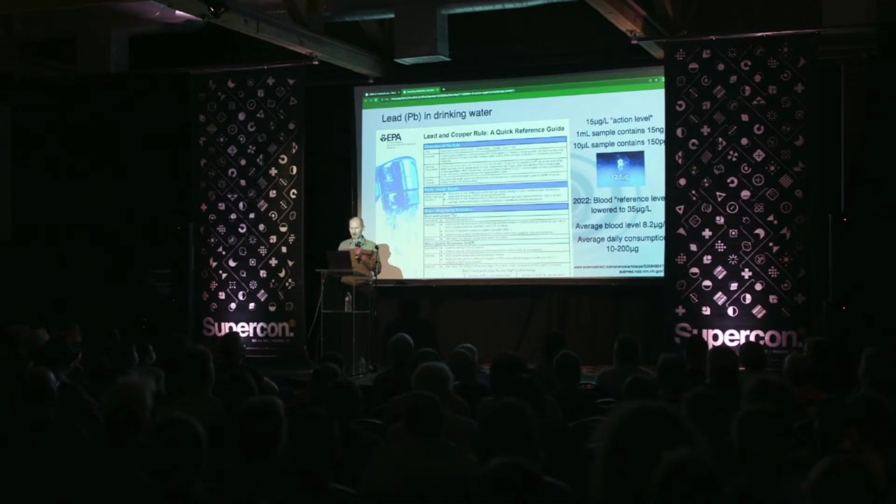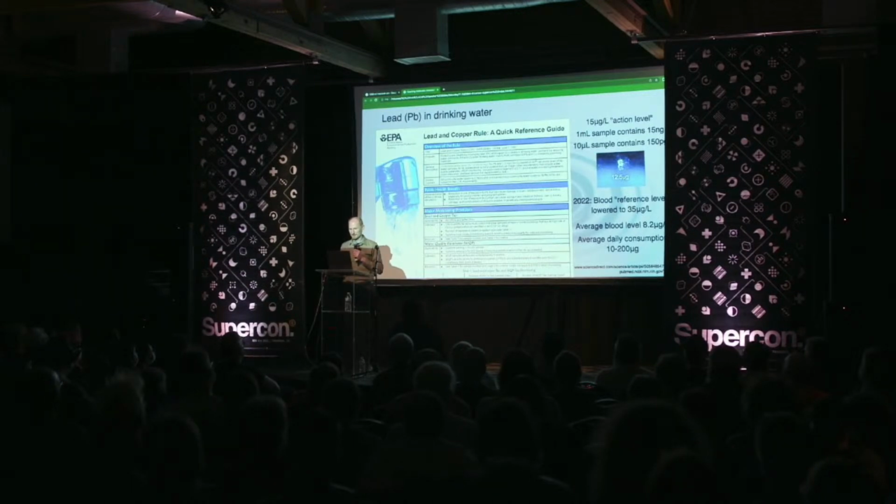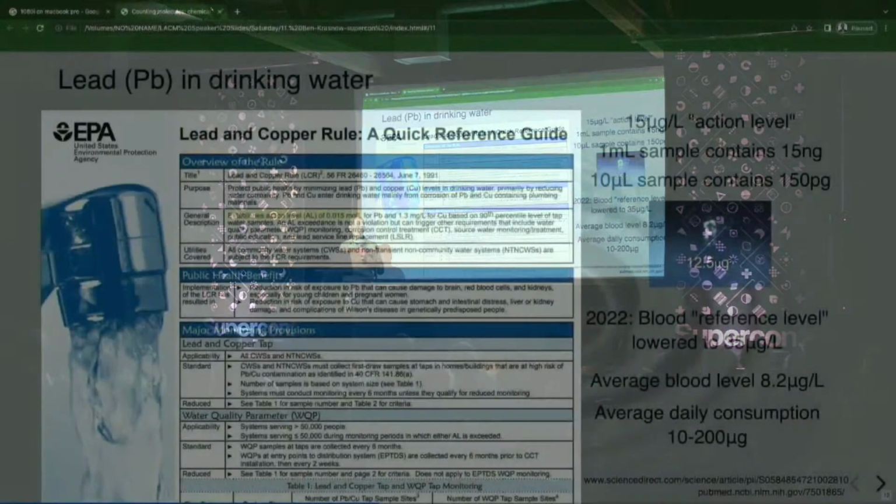Lead in drinking water. The EPA says, and they saw my presentation, so they actually say milligrams per liter instead of parts per billion there, 0.015 milligrams per liter is the action level, as they call it. So lead is one of these compounds that does the body no good. The ideal level is 0. But 0 is not an engineering quantity.